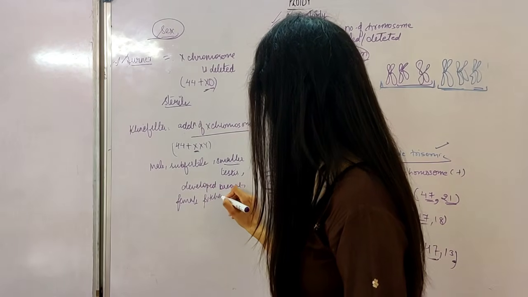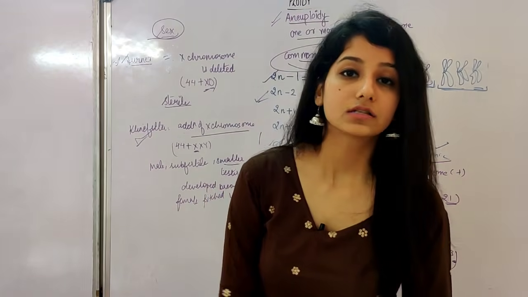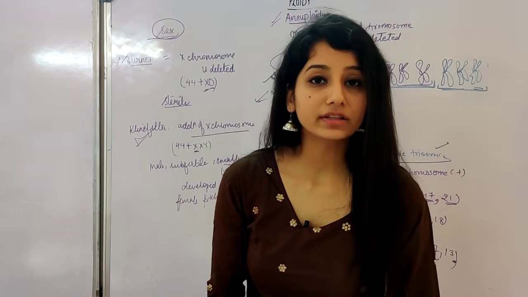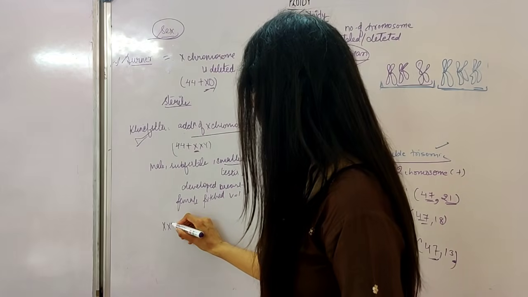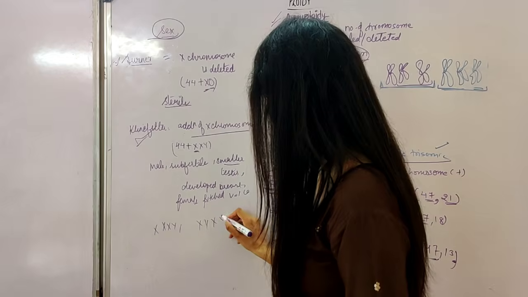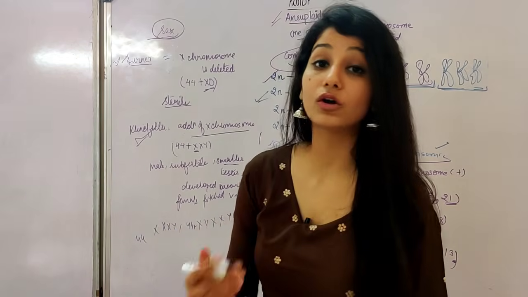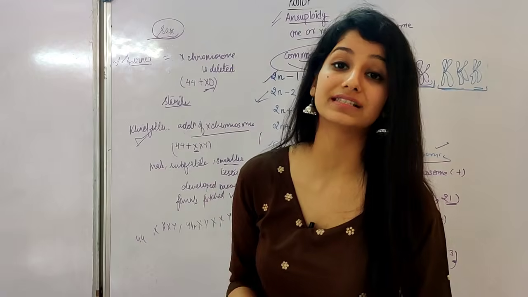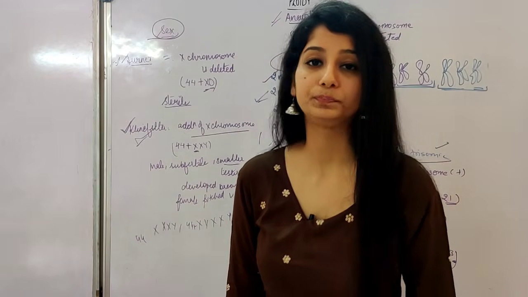Female pitched voice will be present in Klinefelter syndrome. More than one X chromosome can also be added, like XXY plus one more X, or XXXXY. These kinds of conditions can also occur, where more than one X chromosome is added. Then this condition will also be known as Klinefelter syndrome.